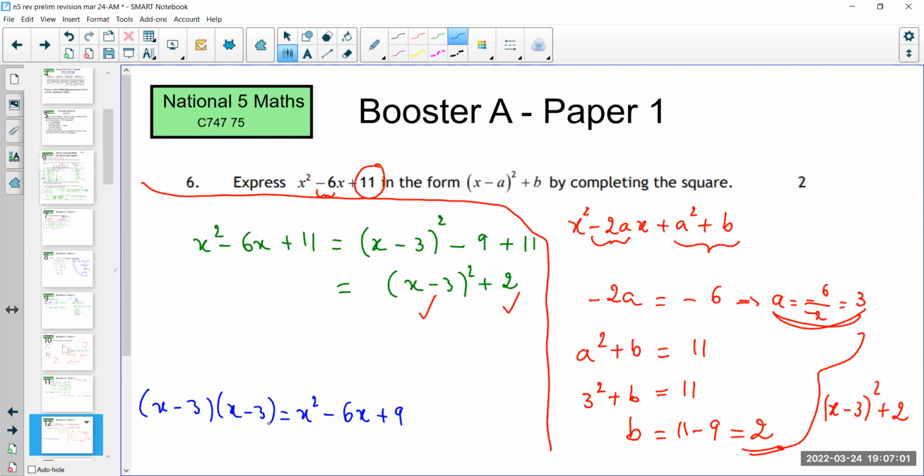So that is (x - 3)². But because I've got x² - 6x, this adds a 9, I need to take it away. I need to take that away from this before adding the plus 11. That's where that minus 9 comes from.